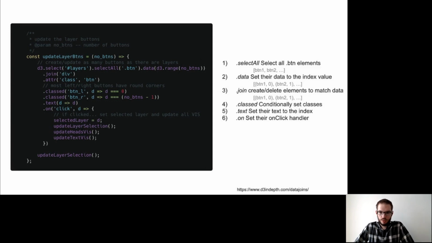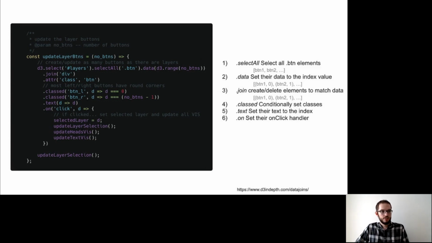Then, as a second step, we have the .data selector, which will do something very similar to a zip inside of Python, where we set the data of each of the buttons that we select in the first step to be their index value, so that the first button gets index 0, the second one index 1, and so on.